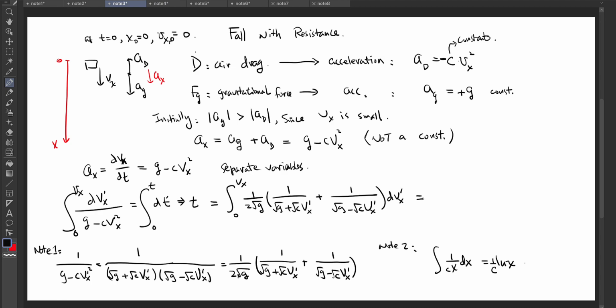So that's why the final result is given by 1 over 2 square root of g and c. The c comes from this factor and also the left factor. They're the same, so put them together as a common factor. And then there's a log.